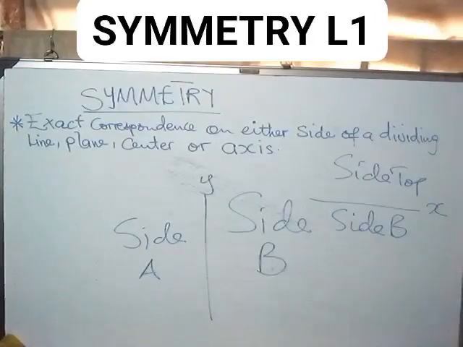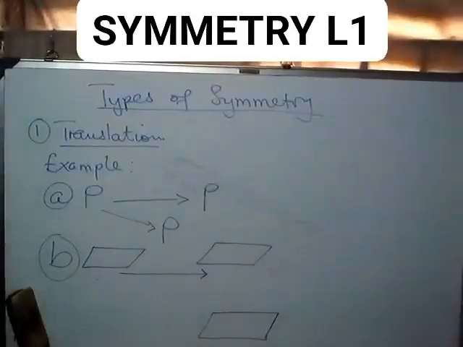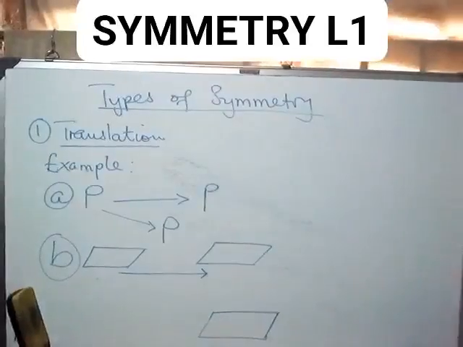Now let's go to the types of symmetry. The first type of symmetry is what we call translation.